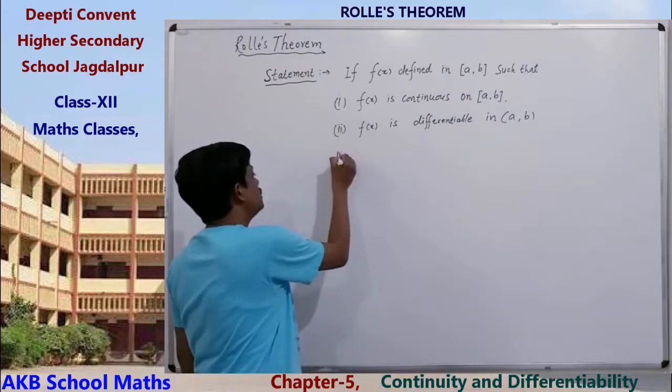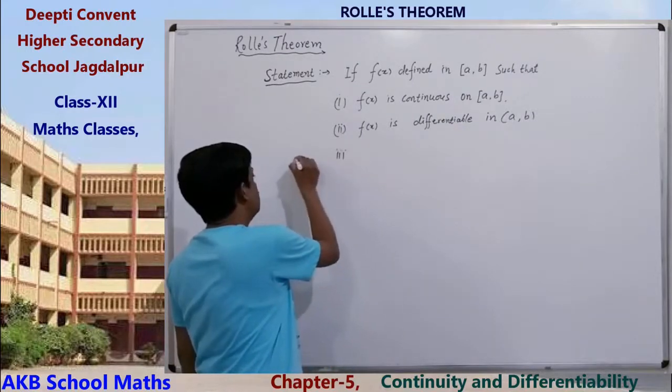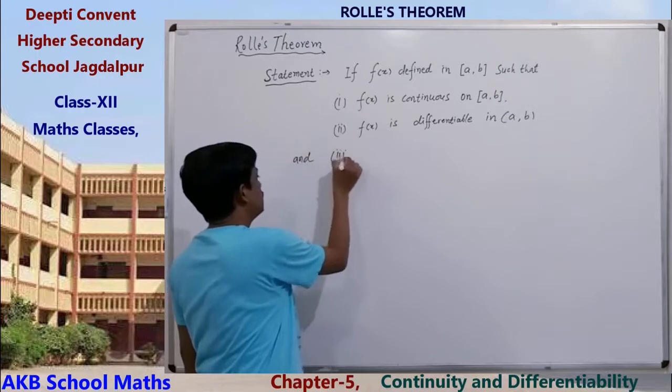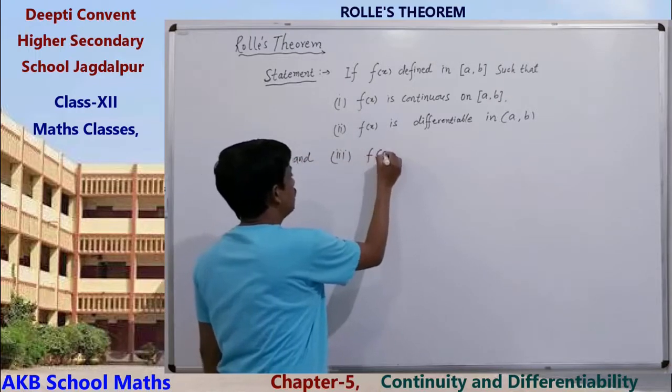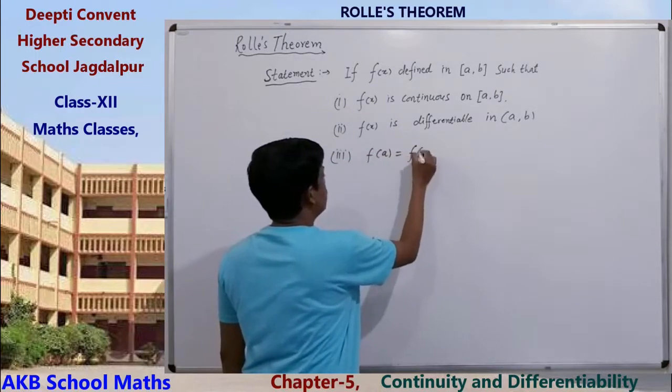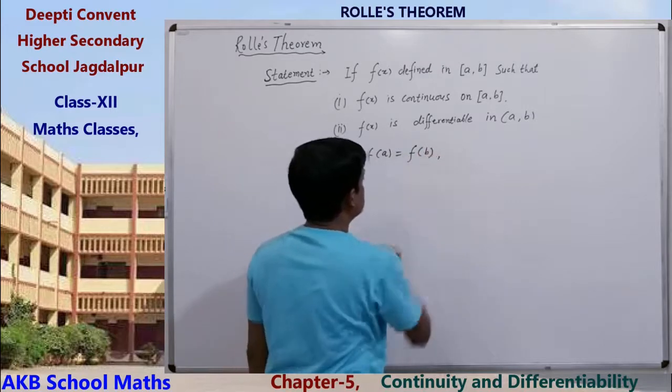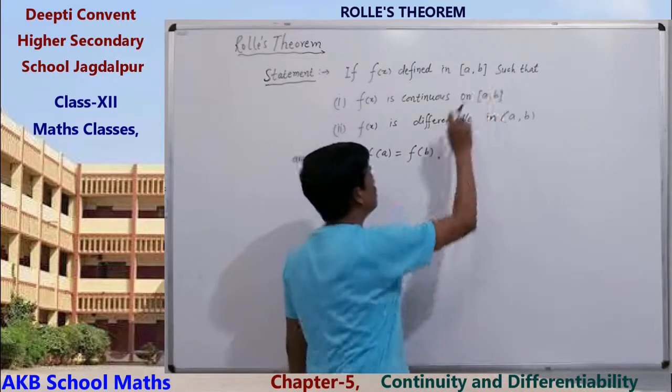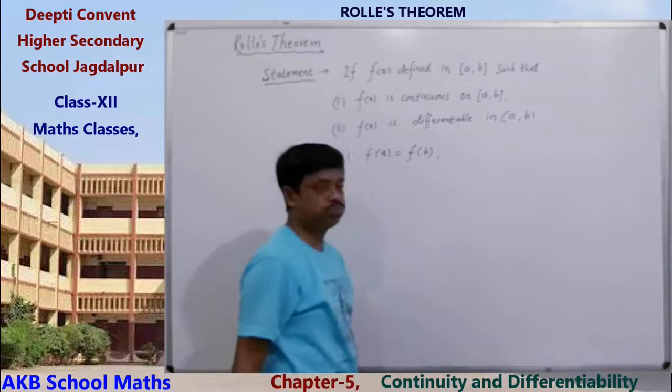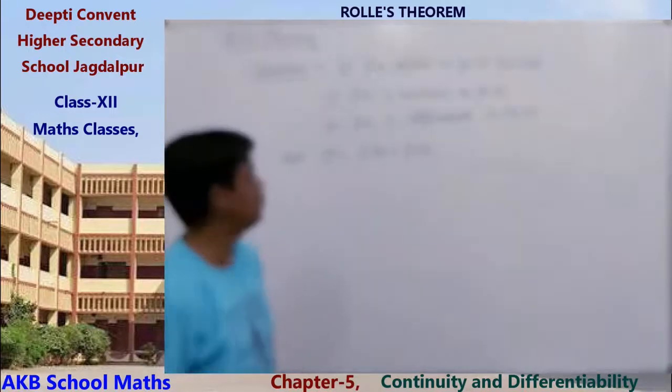Third condition, f(a) equals f(b). That is, at the end points of this interval, the values of the function are the same.